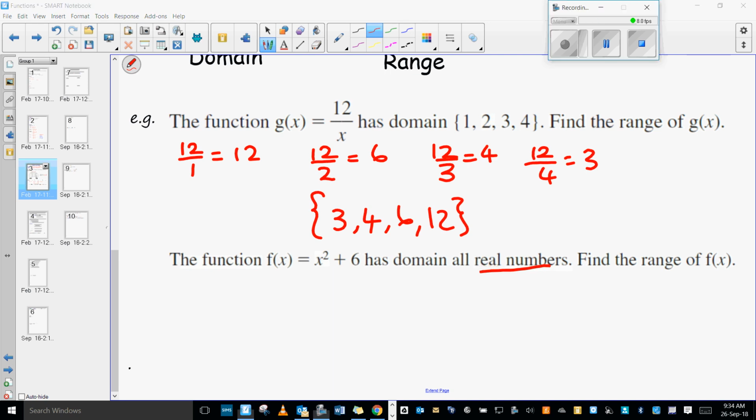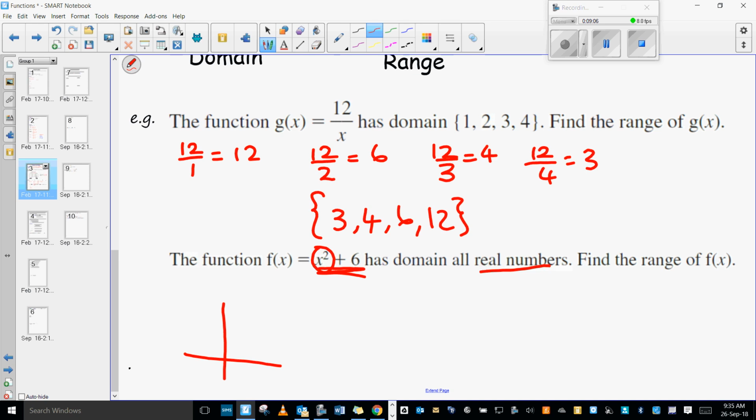Okay, so what you would do in these situations is imagine or picture what is going on here. Luckily, we've just learnt all about quadratic graphs. So if we've got the graph of x squared plus 6, if I were to draw my set of axes, how would I know where to sketch it? It's an x squared, so I know what shape it is: a parabola. Is it positively happy or negatively sad?